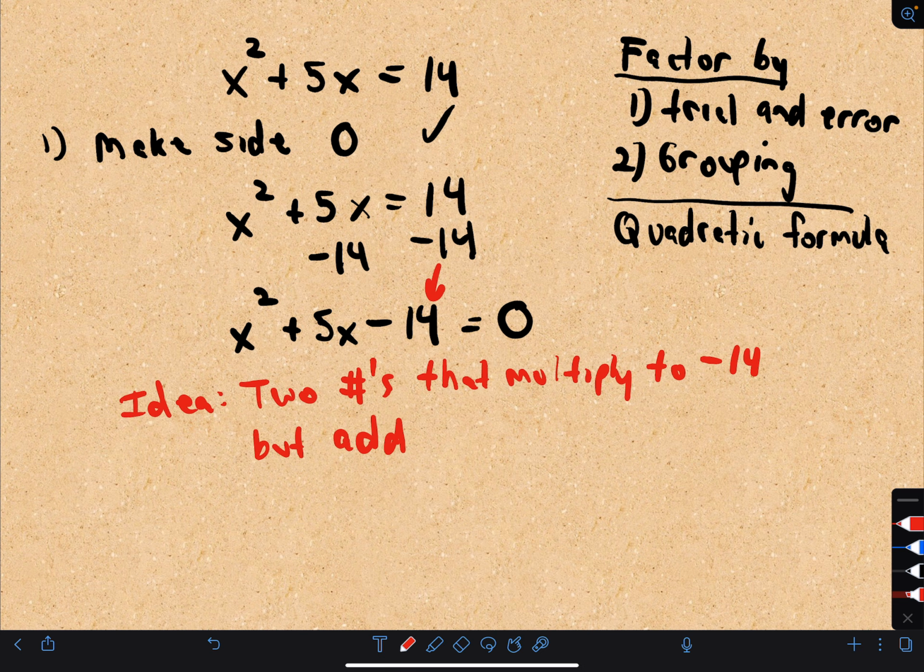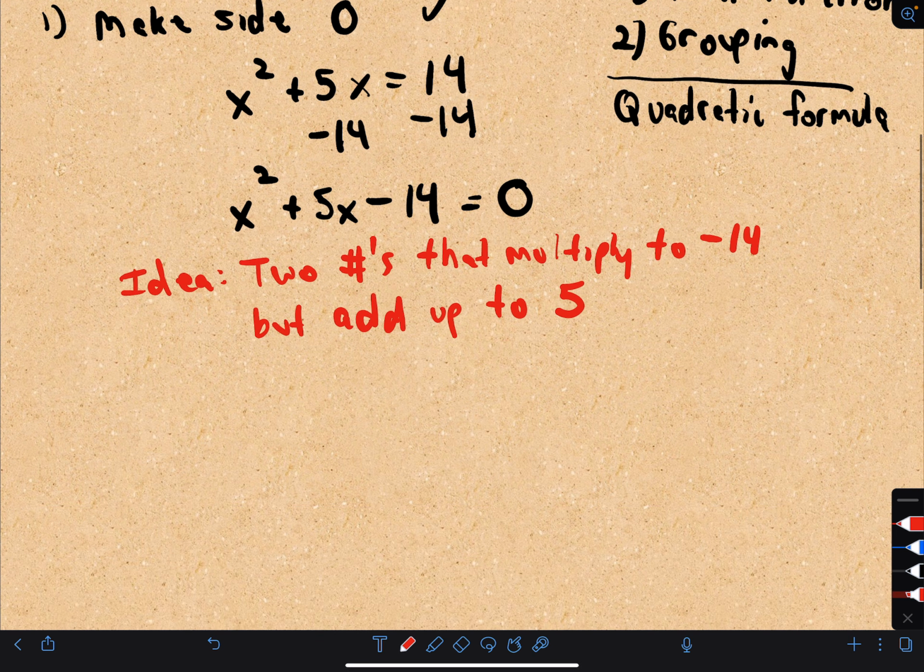In this case, it's negative 14, but add up to, you look at the coefficient on the term involving x. And in this case, we want them to add up to positive 5. And again, this only works if the coefficient on x squared is a positive 1, which we have here. So that's one thing to remember about this. So our coefficient in front of x squared is positive 1. So I'm looking simply for two numbers that multiply to negative 14 but add up to positive 5.